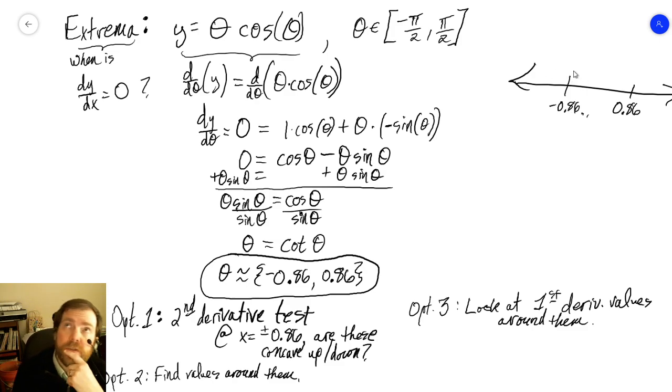Depending on how you want to do this, immediately surrounding this we had negative values. Go back to Desmos here. I'm just going to take a quick peek, not actually change it over.